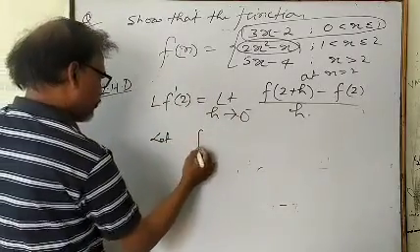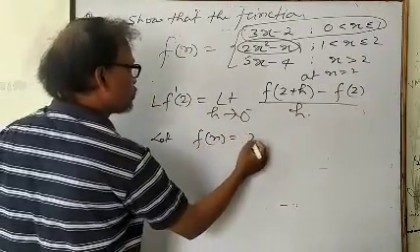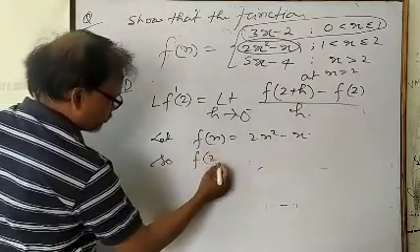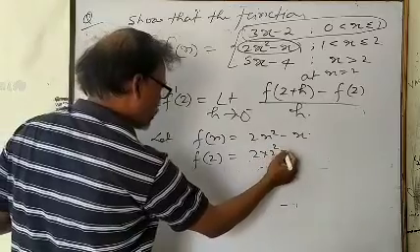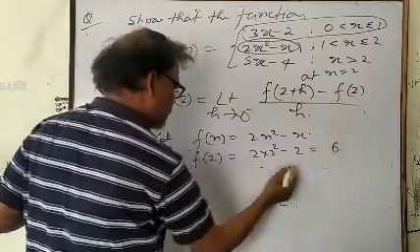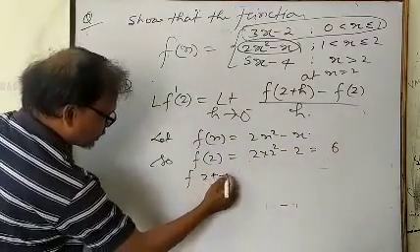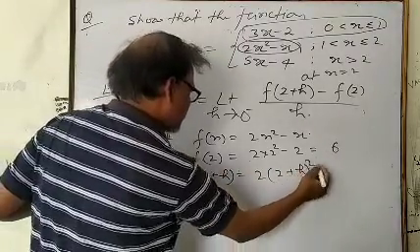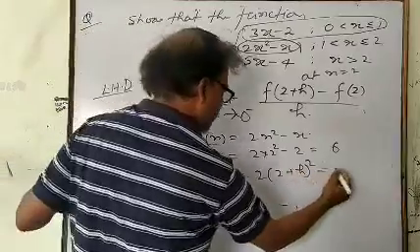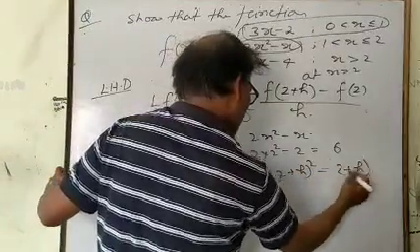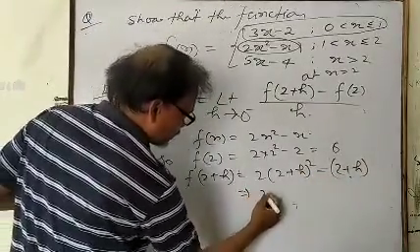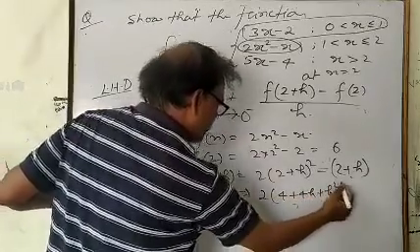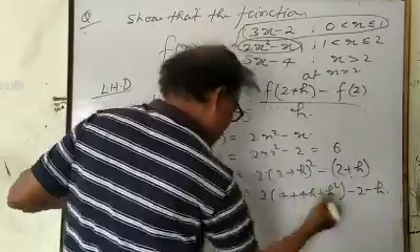So let f(x) is equal to 2x square minus x. So f(2) is equal to 2 into 2 square minus 2, that is equal to 6, and f(2 plus h) is equal to 2 times (2 plus h) square minus (2 plus h), then simplify, so it will be 8 plus 8h plus 2h square minus 2 minus h.